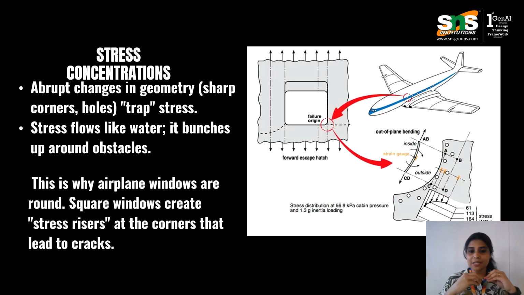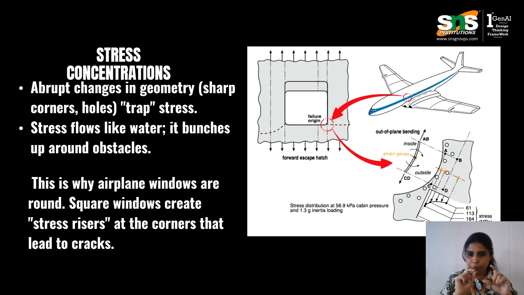So why do things break exactly where they do? It's usually due to stress concentration in that area. Imagine stress as a river flowing through a piece of metal. If the metal is smooth and uniform, the water flows calmly.